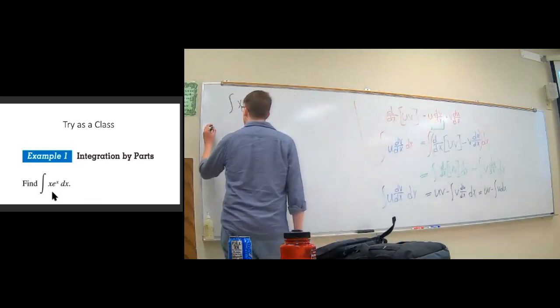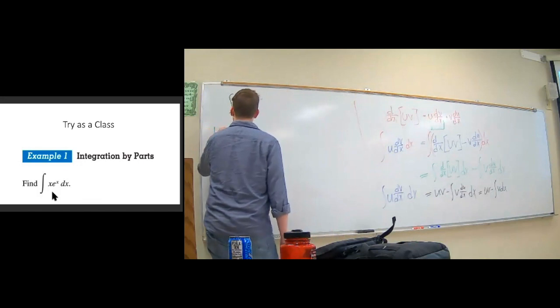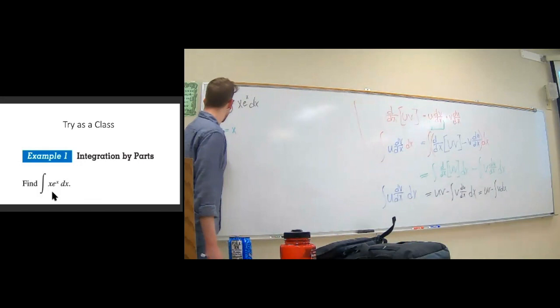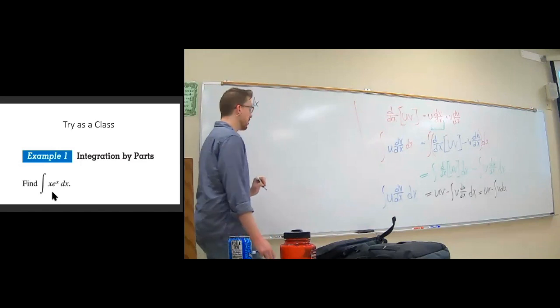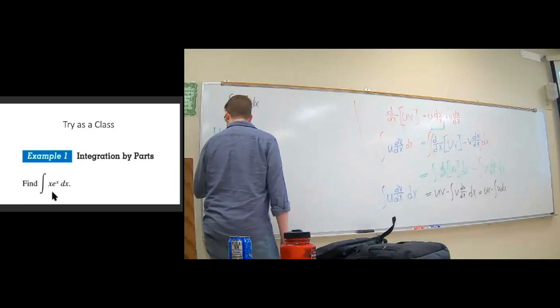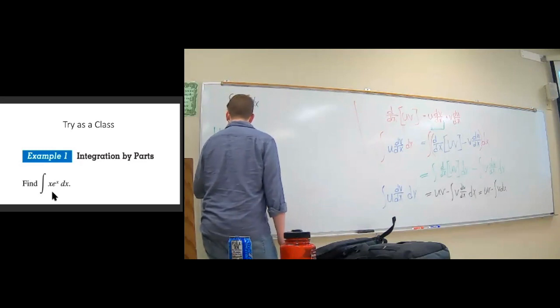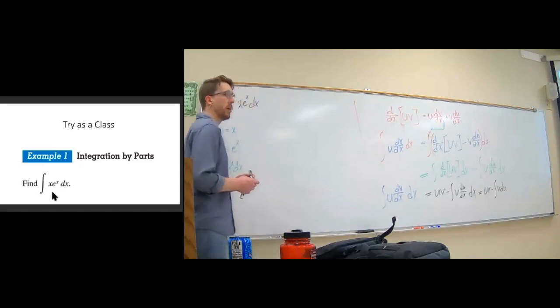So our possibilities here are to set u equal to x, in which case dv dx would be equal to e to the x, which would give us that dv is equal to e to the x dx.